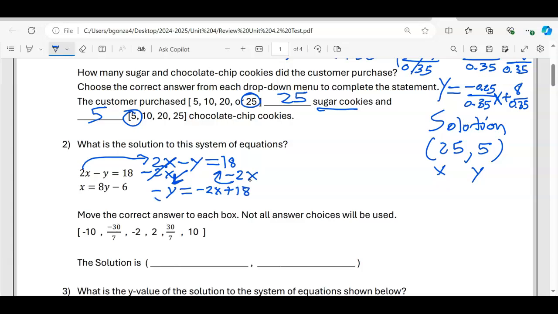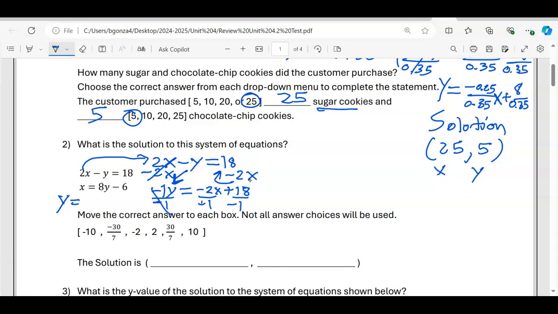Now look, negative y means negative 1y. So to get rid of that negative 1, we divide by negative 1 on both sides. So the negative 1's cancel, and now we have the equation y equals.